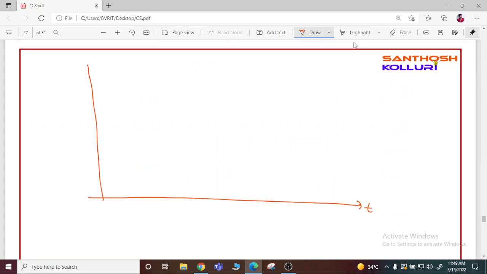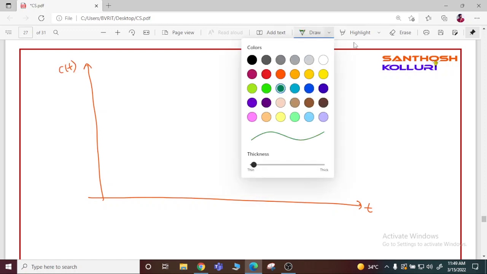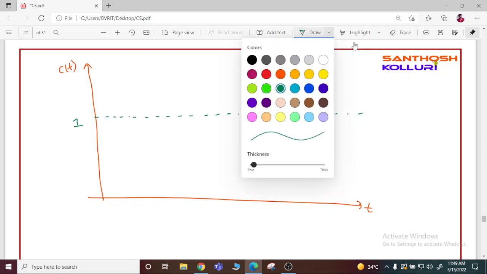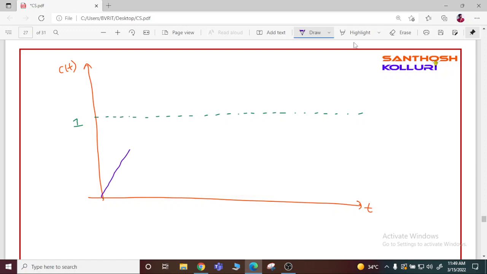This is the time and this is the output C of t. So the graph will be now: this is the step response, this is the actual step input we are giving to the underdamped system. This is 1, and the graph will be an exponentially decaying transient wave.